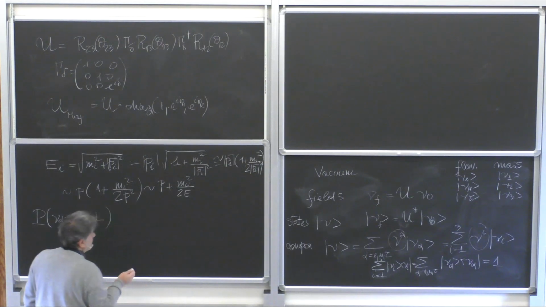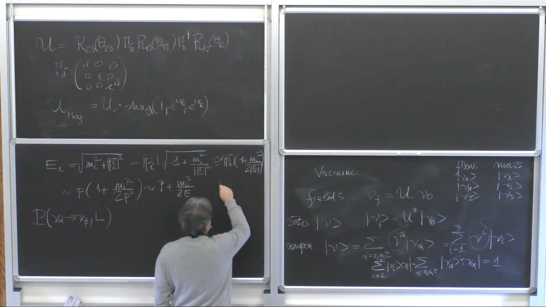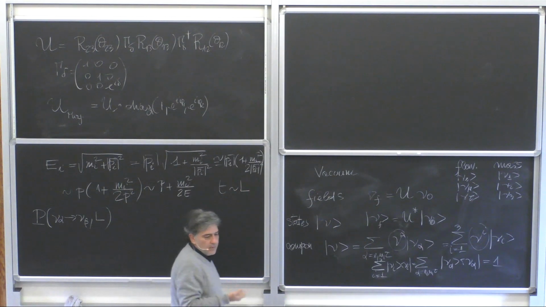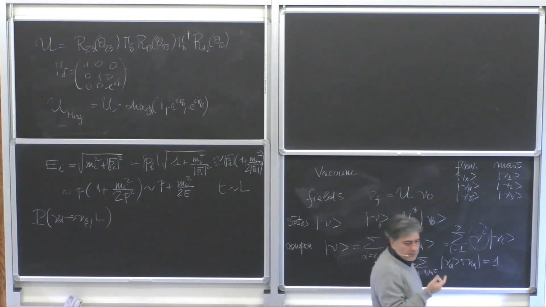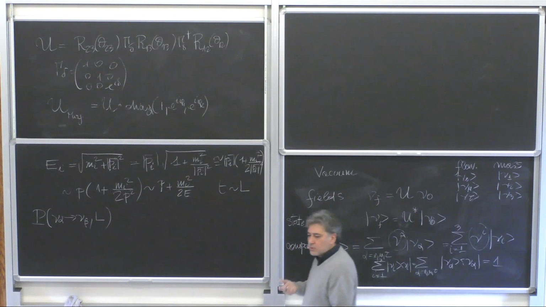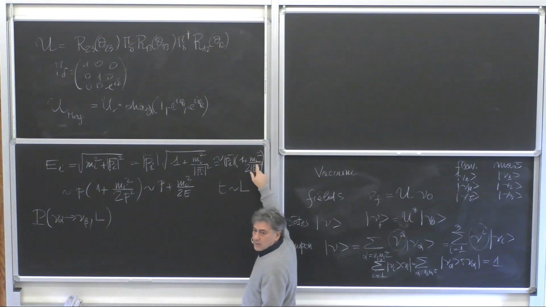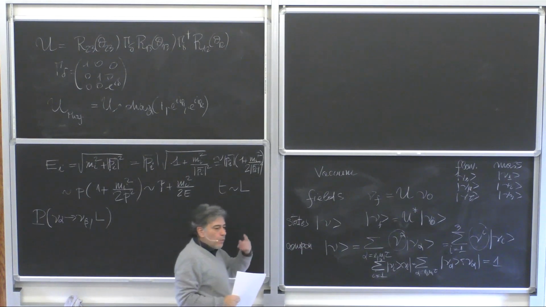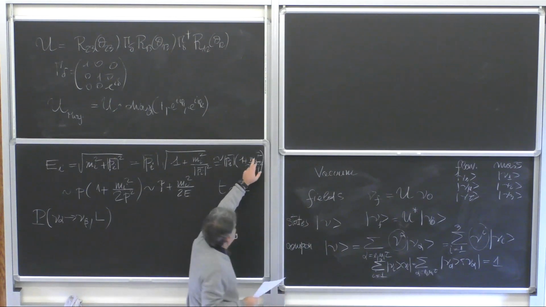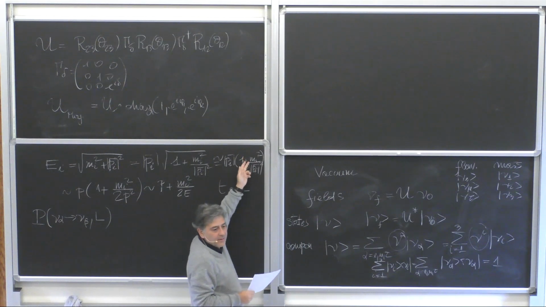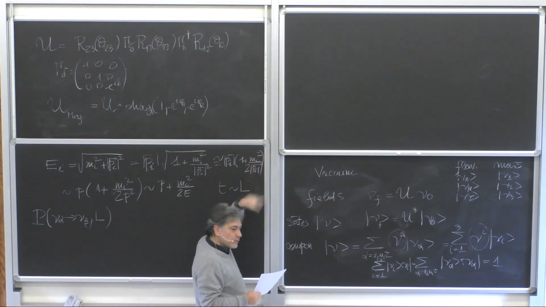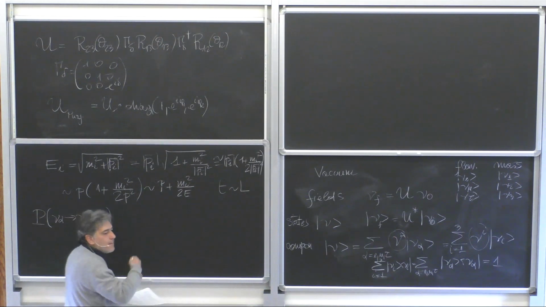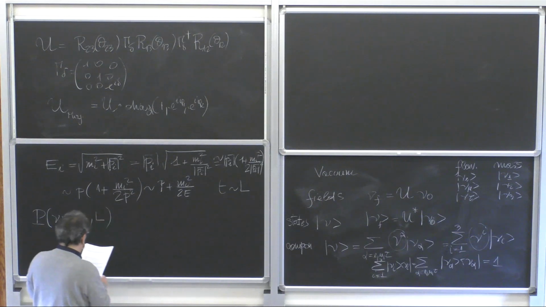Another approximation that we will use is that the time is equal to the length, so the speed of the neutrino is the speed of light. This is a good approximation to the same order, neglecting this. For a neutrino of 1 GeV, this is of the order of 0.1 eV divided by 1 GeV, squared. You see that this is a very good approximation, also for MeV or keV neutrinos.